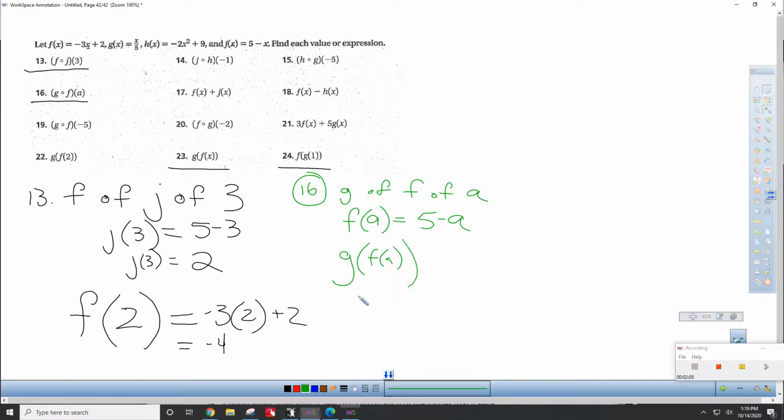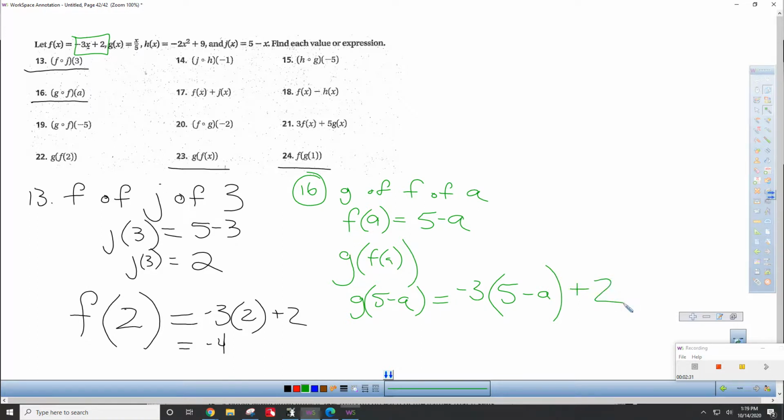Well, that is g of 5 minus a. So I'm going to take out the x and put in whatever is in the parentheses. So that's negative 3 times, okay, 5 minus a now, and then plus 2.